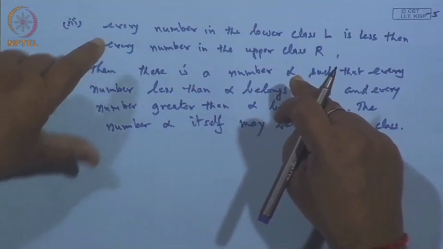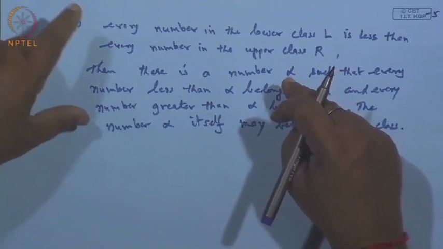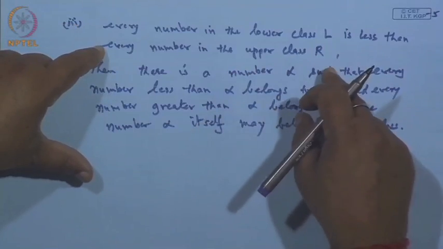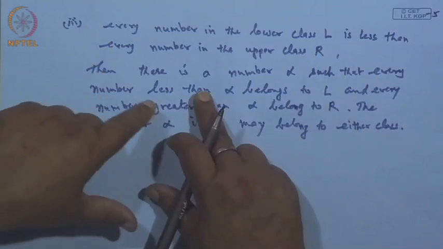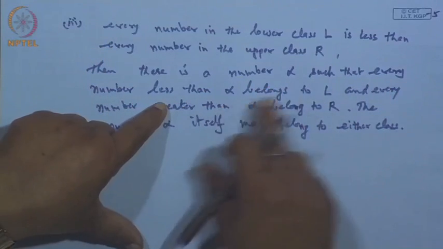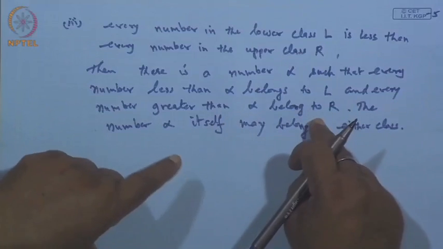It is the same thing which we have written: we have a set of real numbers, and this set is divided into two parts, a lower class and an upper class, with the property that each class contains at least one real number, every number belongs to one class or the other, and every number in the lower class is less than every number in the upper class. Then the number alpha is such that every number less than alpha belongs to L, while every number greater than alpha belongs to R.